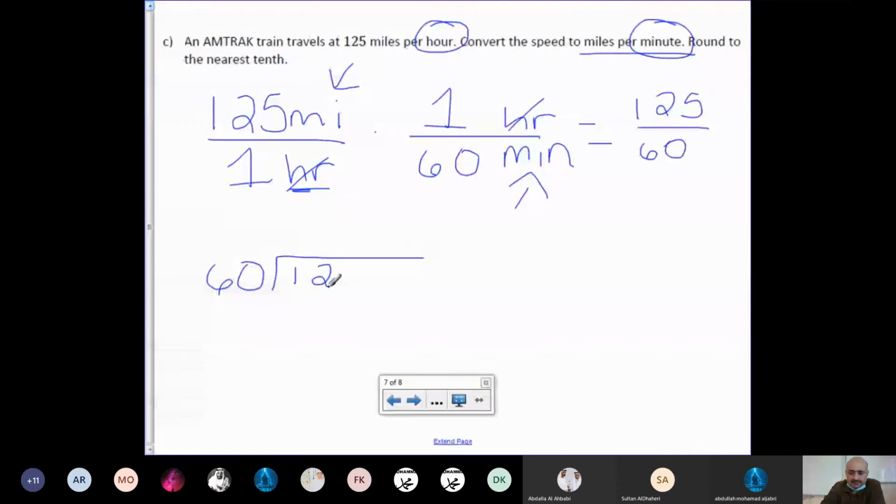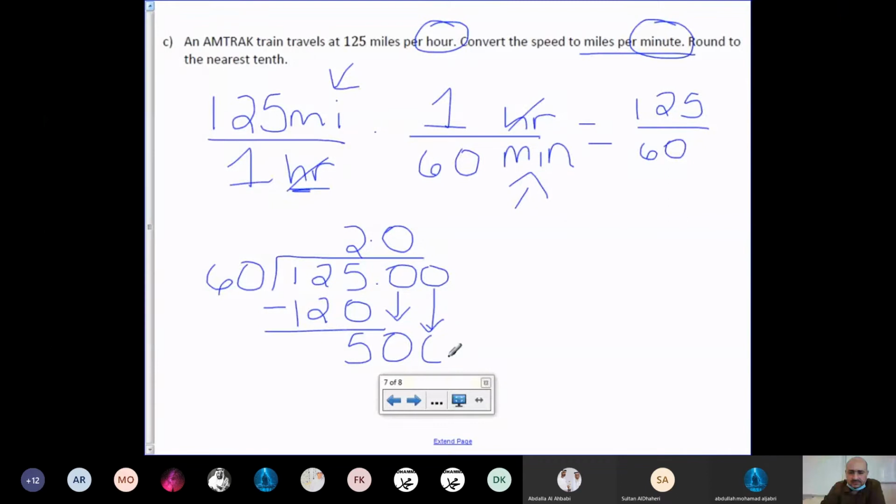60 goes into 125 twice, which is 120. Subtract and get 5. Add a decimal point. 60 cannot go into 50, so add another 0. 60 goes into 500 8 times, which is 480.